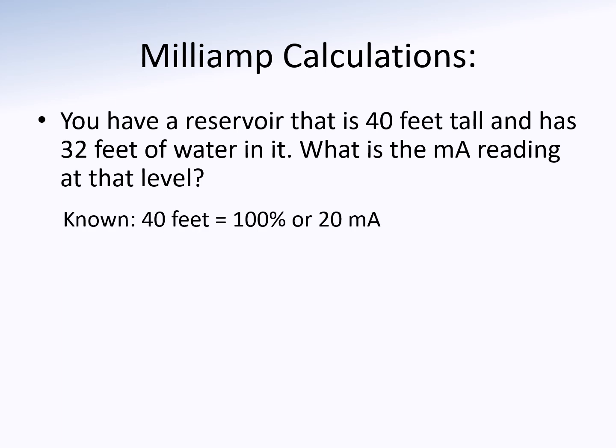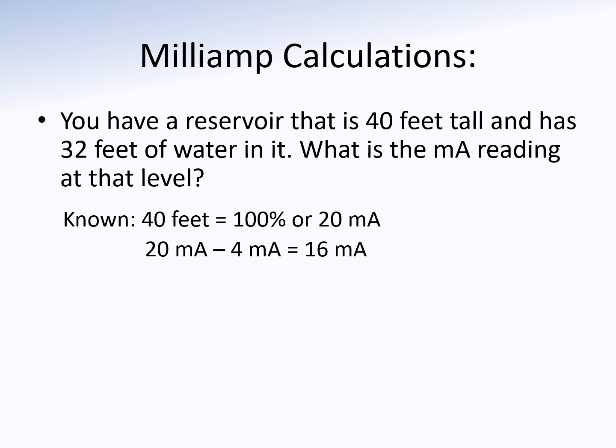So we know that we have 40 feet in that reservoir, and that's going to be represented by 100% or 20 milliamps. The next thing we know is that we've got 32 feet of water in that reservoir. So you take 20 milliamps minus 4, you get 16 milliamps.